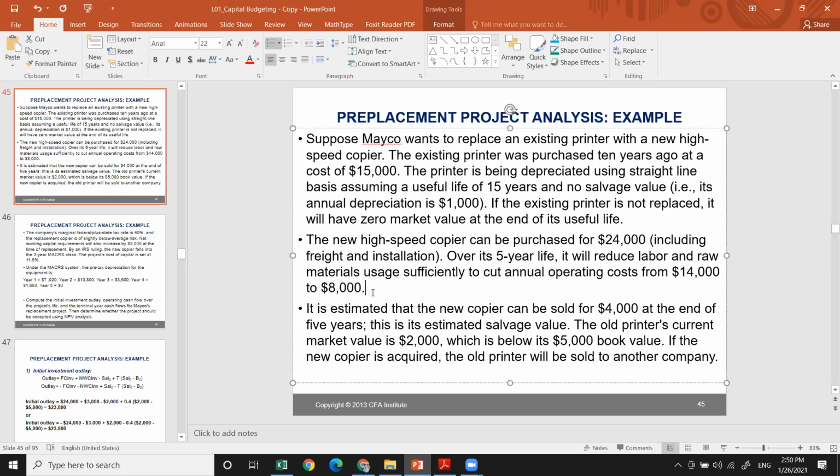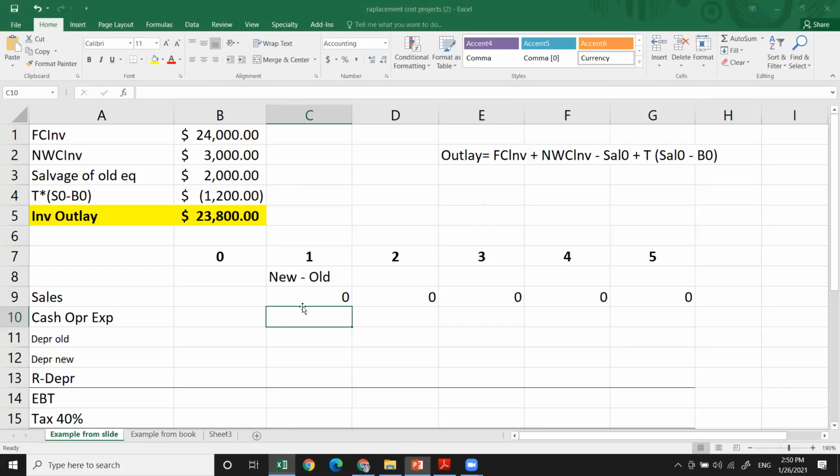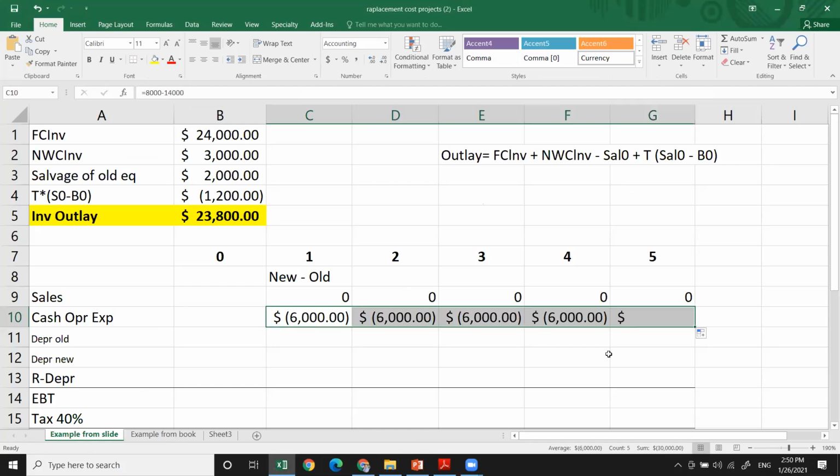So my saving is 6,000, which means the new one, 8,000 minus 14,000, that will be minus 6,000. Minus 6,000 in the Excel cash operational expense row means it's a saving amount. And it is the same for all years. This is how much we are saving.